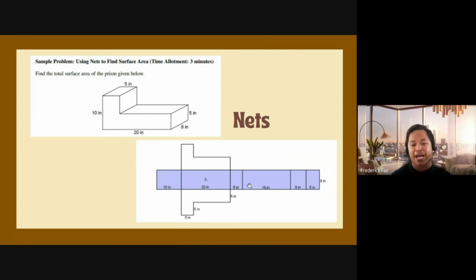We have 5, the height. We have also 15. So it became like this. And we have 5 inches, we have 5 inches, and we have 8 inches. So this is the 8 inches.